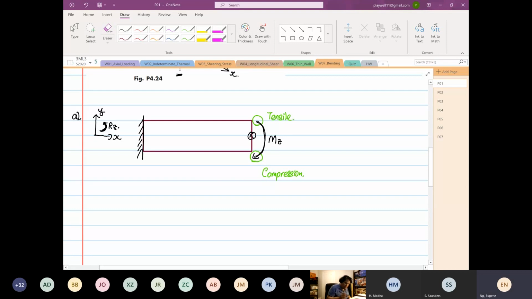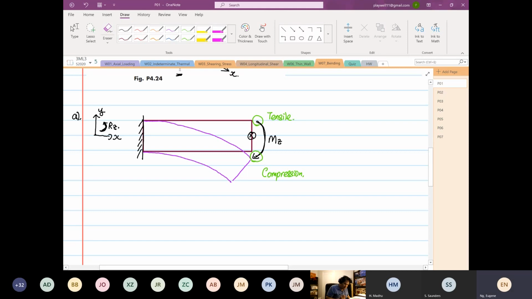Because of the moment, if you look at how the structure is deformed, the structure will deform this way. Okay, I'm going to sketch this out. So this is how the structure will deform.